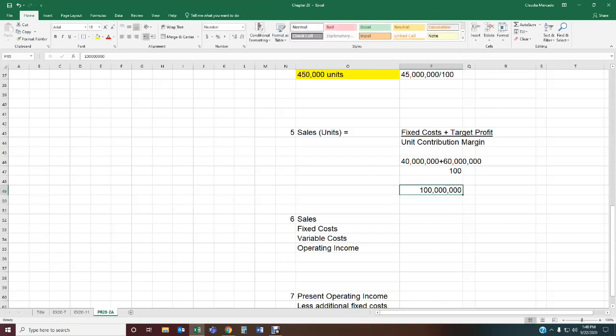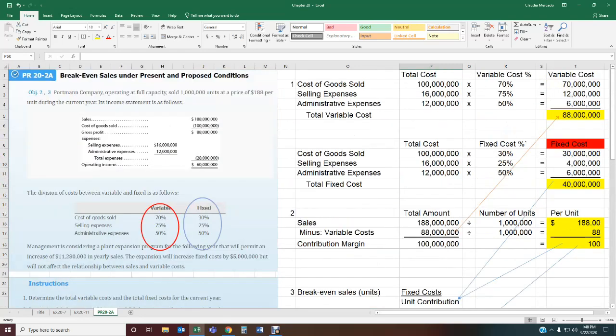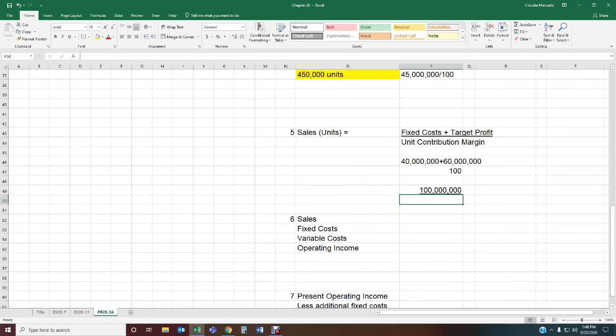And then I'm going to divide that 100 million by my unit contribution margin. And my unit contribution margin is my 100 right there. Now we can calculate our sales units.